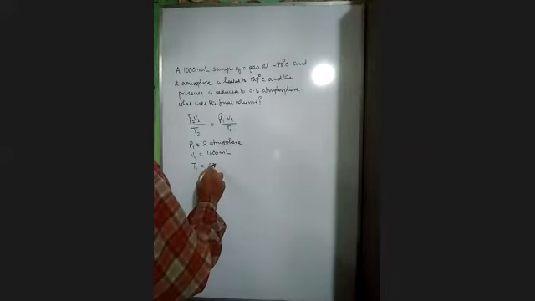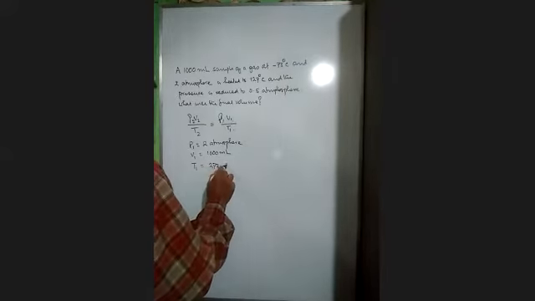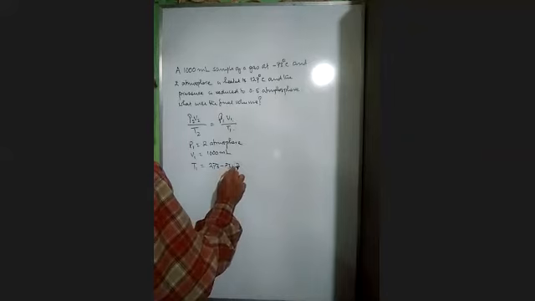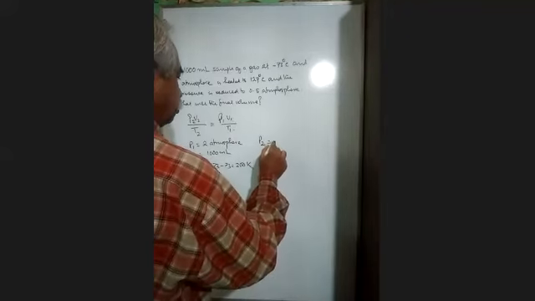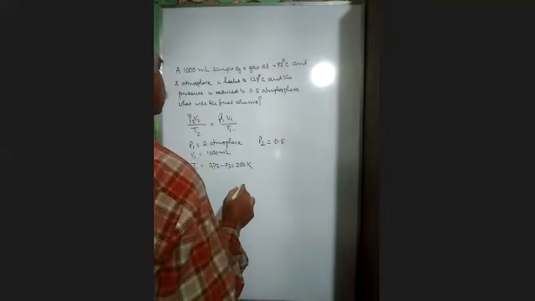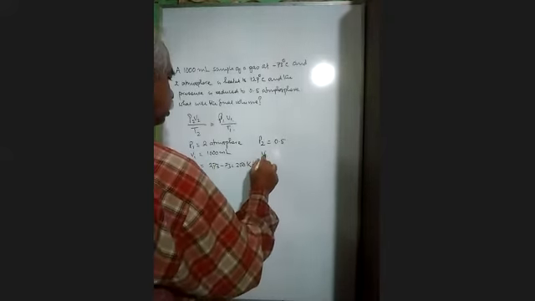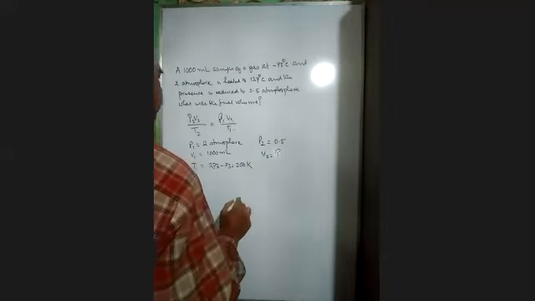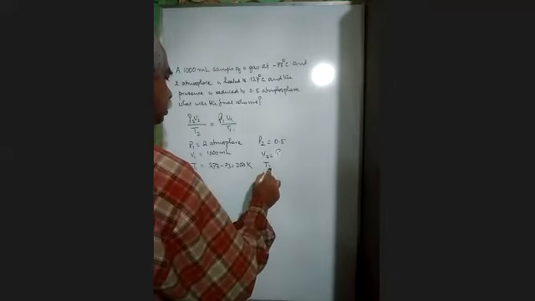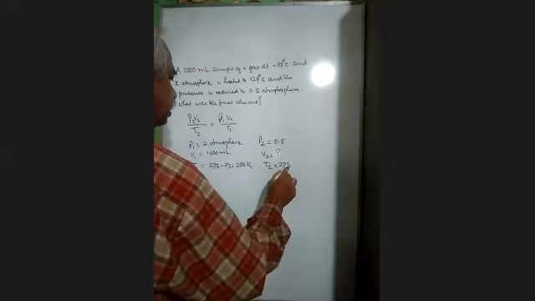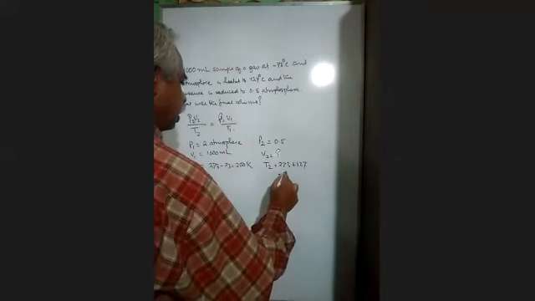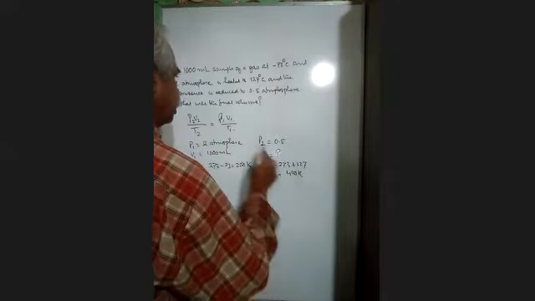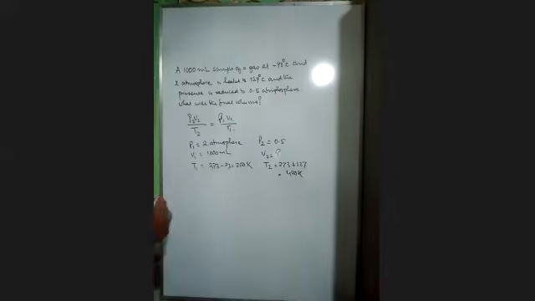So I'll write now here 273 minus 73 is equal to 200 Kelvin. Then P2 is 0.5. V2 you are supposed to find. T2 is 273 plus 127 is equal to what? 400 Kelvin. So put the value and get V2. Do it. Take the help of calculator.